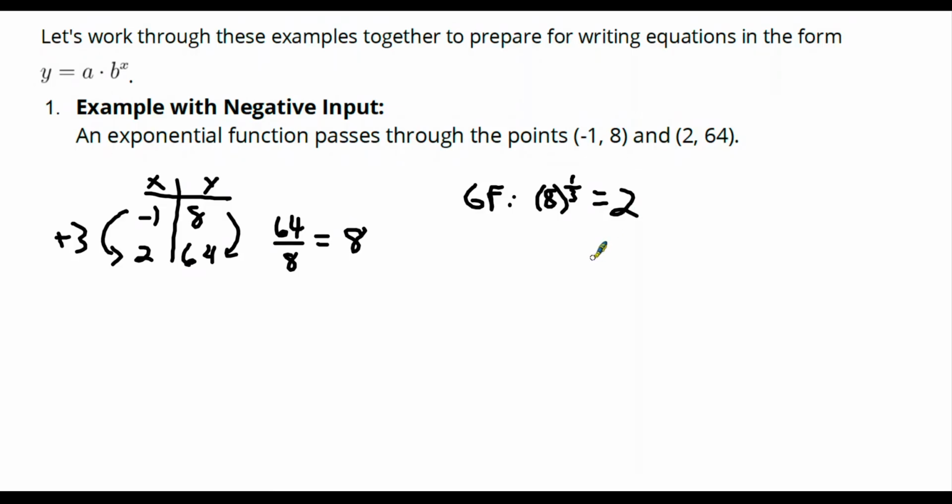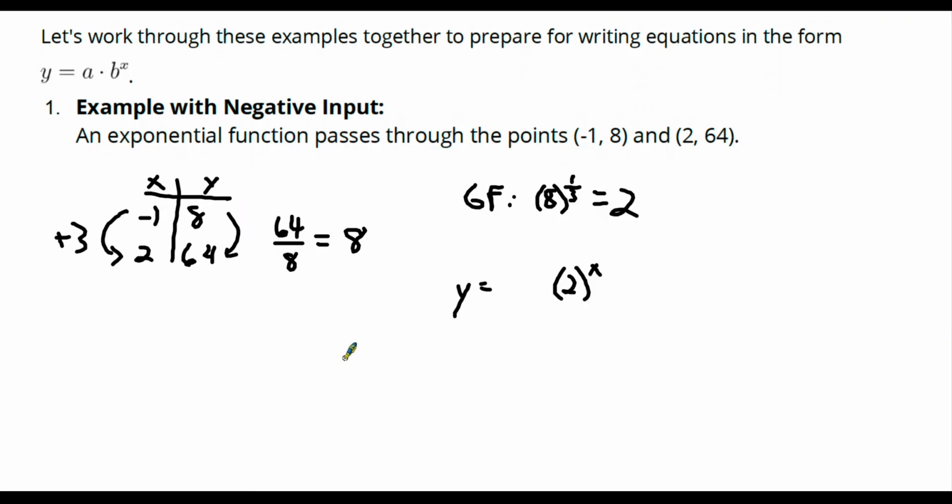If we put that in the calculator, that's just 2. So what that tells me is my growth factor over an interval of 1 is equal to 2. If my growth factor over an interval of 3 is 8, my growth factor over an interval of 1 is equal to 2. So my function then, my growth factor is 2 to the x power.